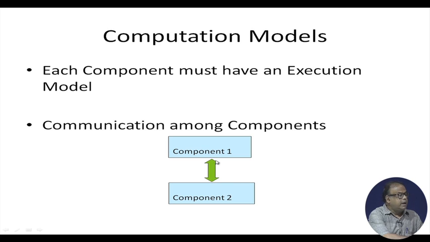That we have to specify. So, any computation model must have two things: the description of each component and how these components are combined. In other words, a model consists of a set of rules by which I can compose the components.